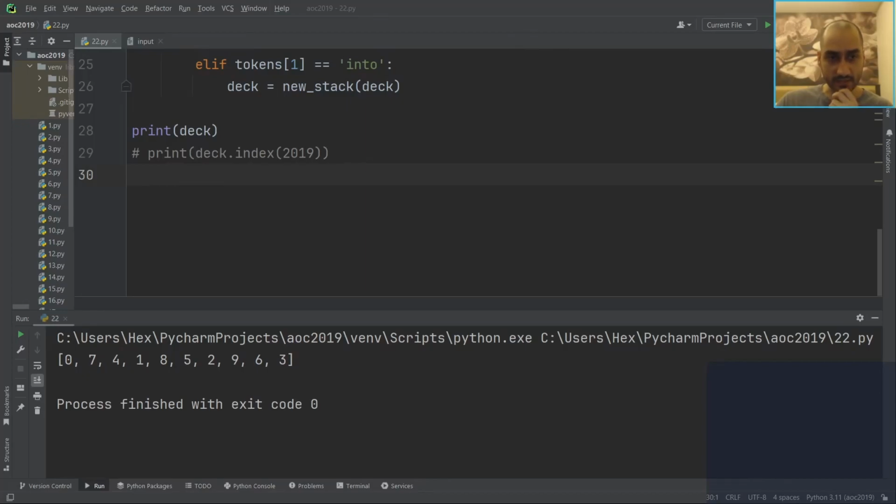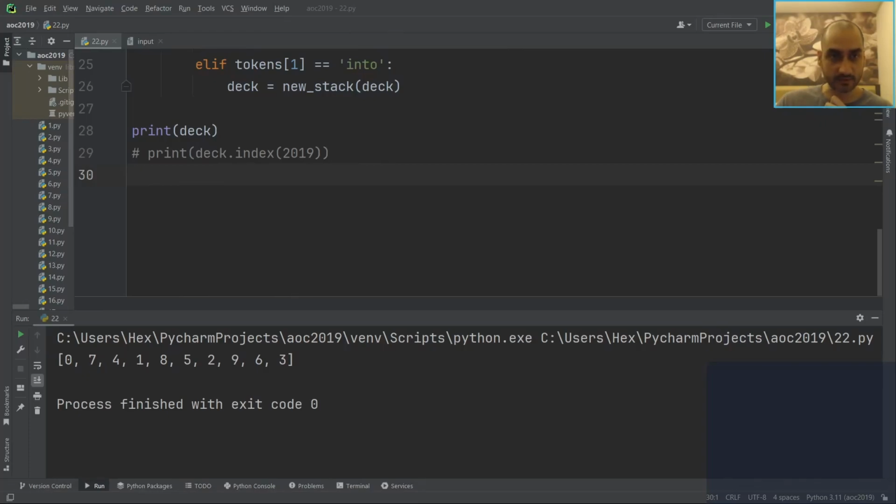So it should be 6307. How did we get the last one to succeed? Maybe it's into new stack that we're doing wrong. Am I understanding into new stack correctly?